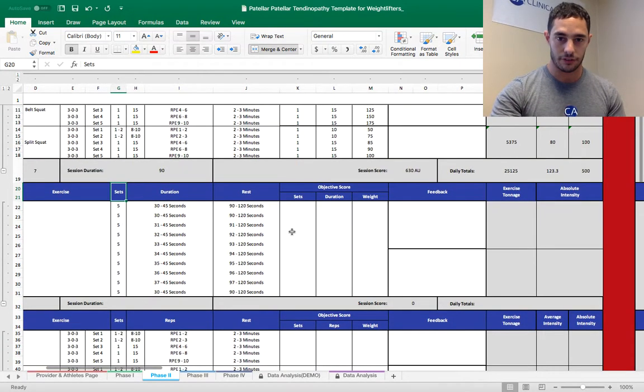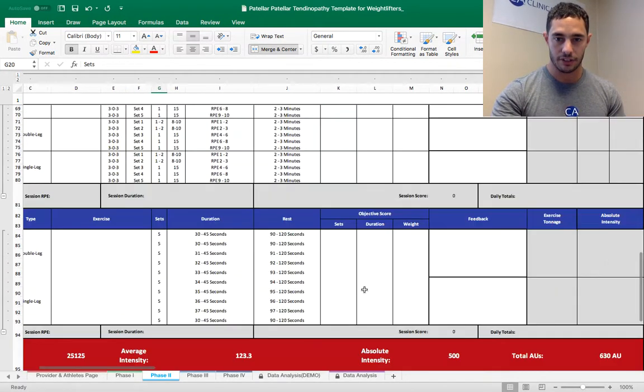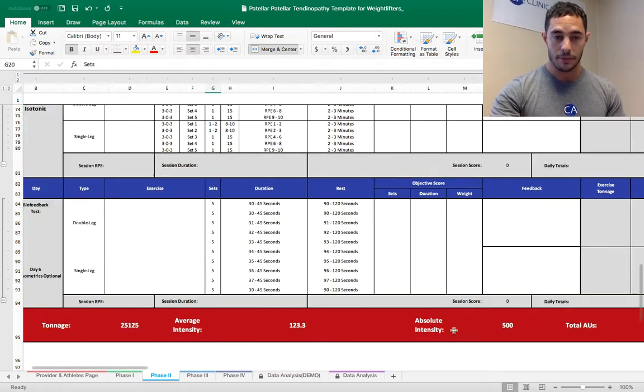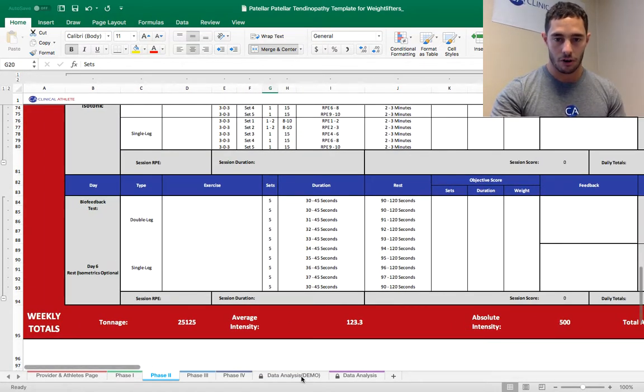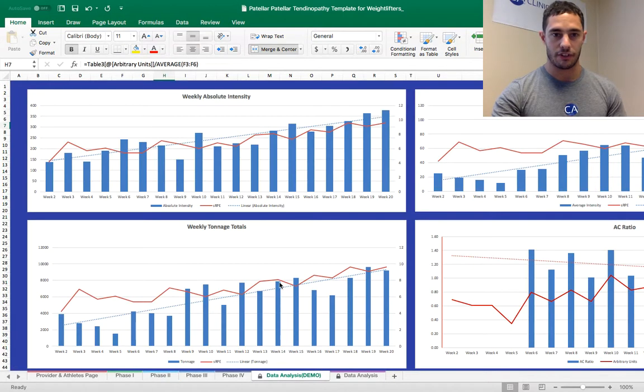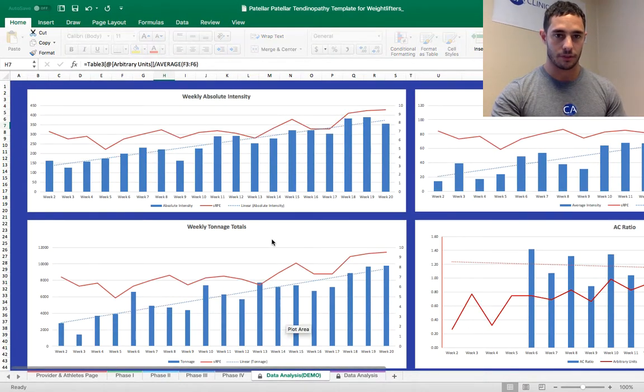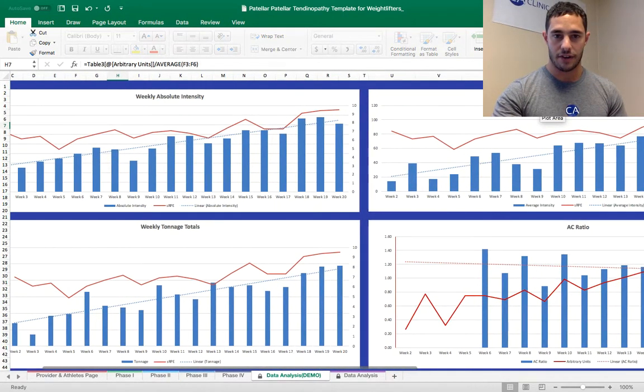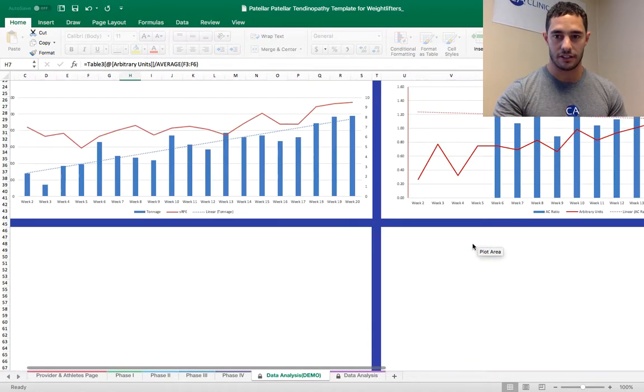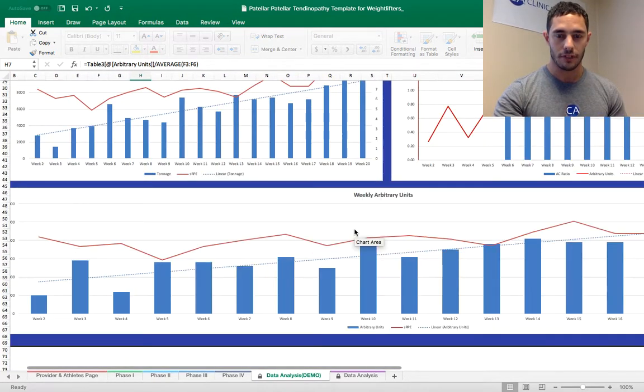But if you start plugging in values, then these weekly totals will change. And these weekly totals are the totals that are reflected in these graphs: absolute intensity, average intensity, tonnage, AC ratios, and our weekly session scores, or arbitrary units, same thing.